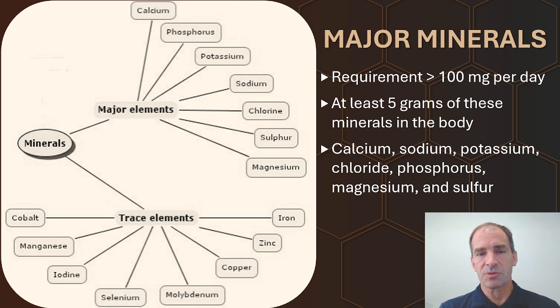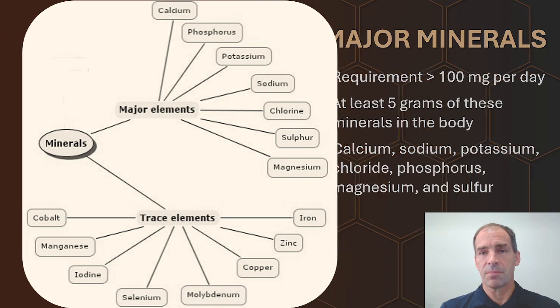Now, as you can see from this graph, we are ignoring some other elements on the periodic table, carbon, hydrogen. Those are components of macronutrients that we discussed previously, so we don't really discuss those when we talk about minerals. And as you'll see here, a few of these we'll go through far more in-depth in future videos. Calcium, phosphorus, sodium are some big ones. Potassium we'll devote some time to when we get to electrolytes. So those are all some key major minerals.